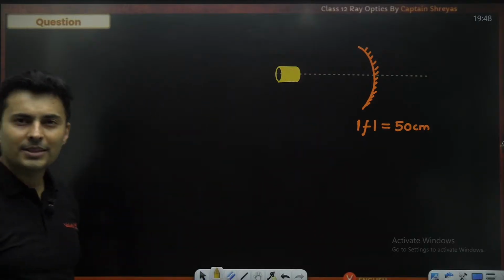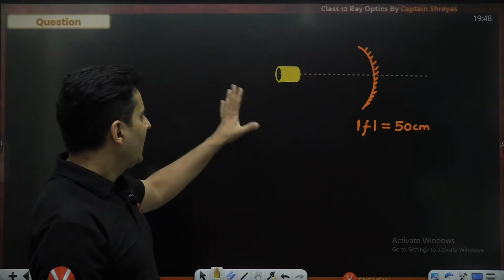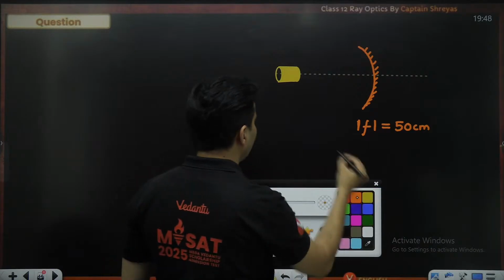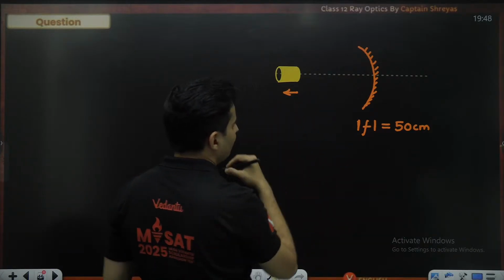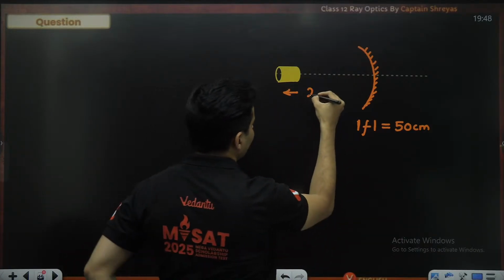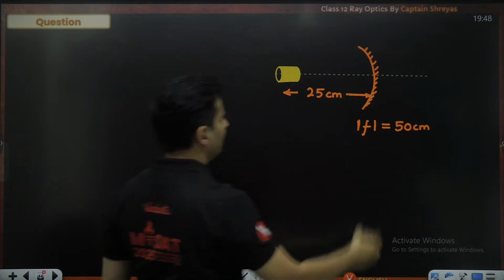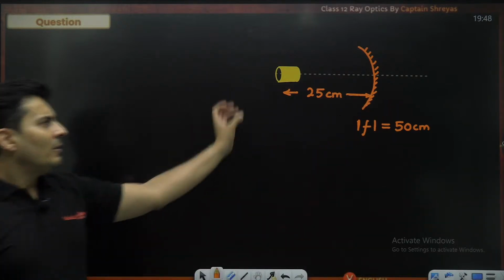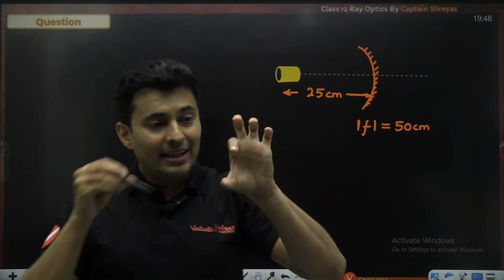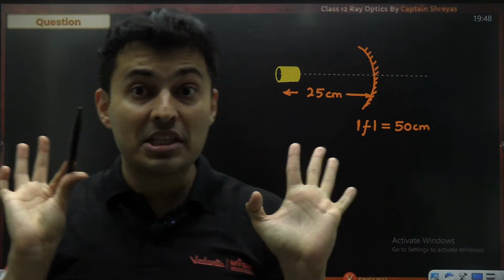This particular cylinder is placed maybe at a distance of 25 centimeters from the mirror. There will be an image which will be formed. The axis of the cylinder coincides with the principal axis.